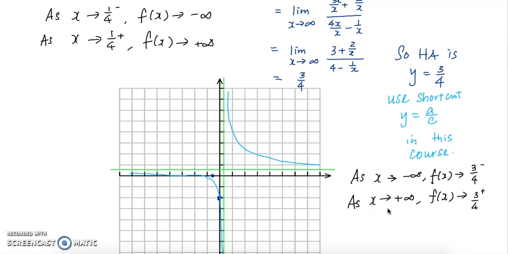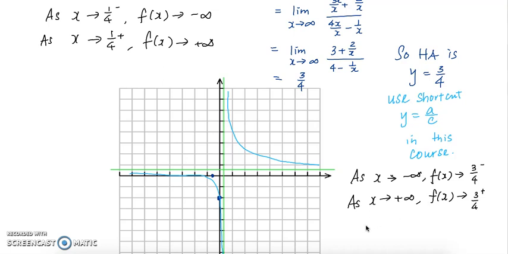And as x approaches positive infinity, use a test point of f of 1000, let's say. You will notice that the value you get will be higher than 3/4, which means that the function f of x will approach the horizontal asymptote on the far right from above.